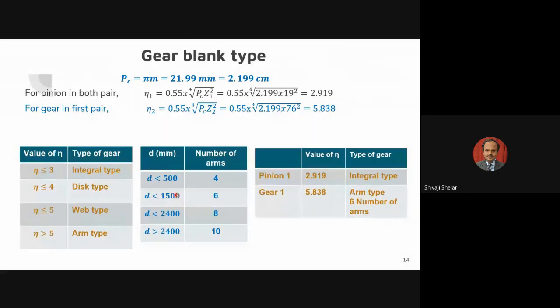So gear diameter is greater than 500 but less than 1500. So we can have 6 number of arms there. So since the gear size having geometry ratio as 5.83, we need to go for arm type with 6 number of arms. So if we go to the previous slide, we will come to know.